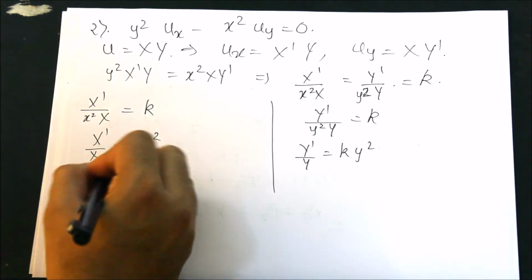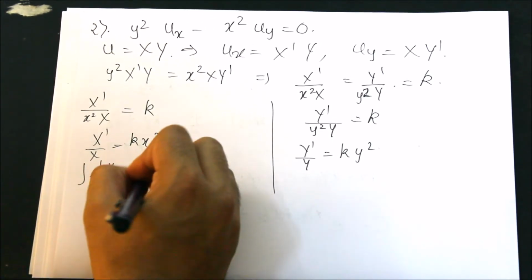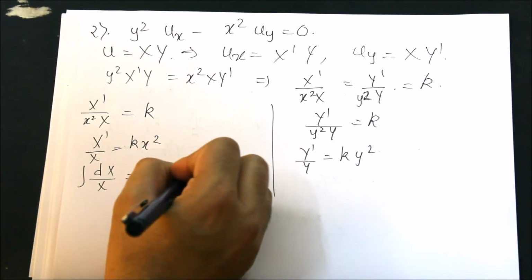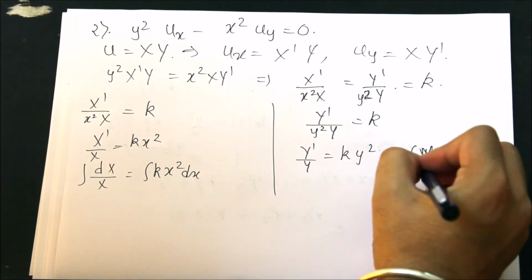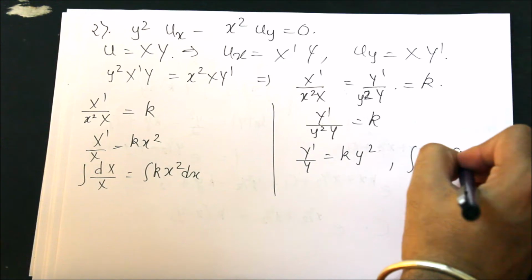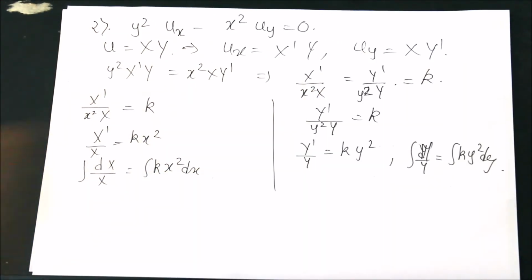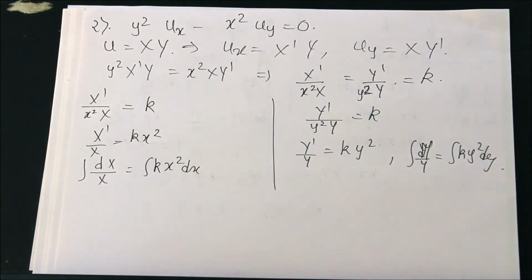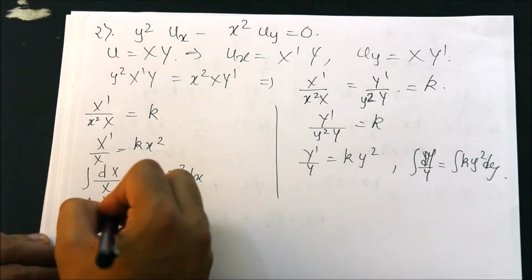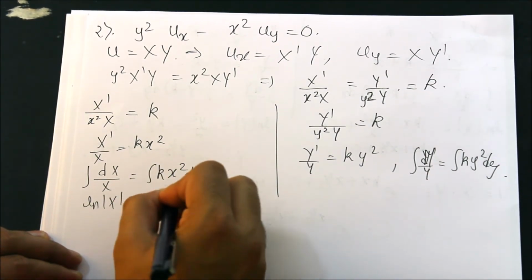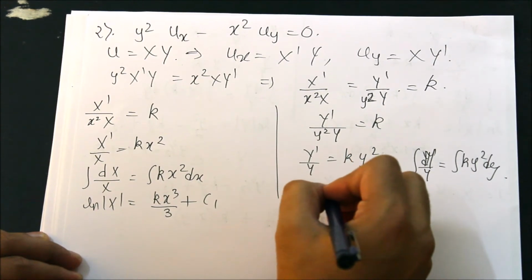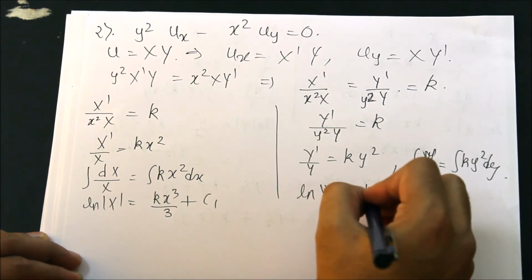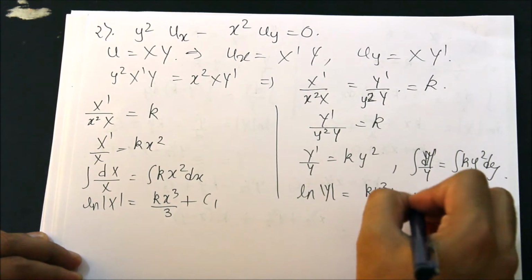If you integrate, integration of dX upon X is equal to integration kx² dx, and integration Y' dy upon Y is integration ky² dy. And now this is simple integration. This is ln of mod X equal to kx³ by 3 plus c1, ln of mod Y is equal to ky³ by 3 plus c2.